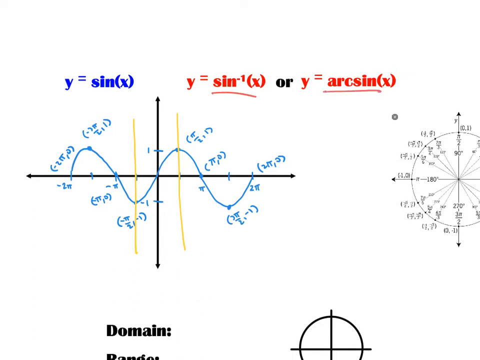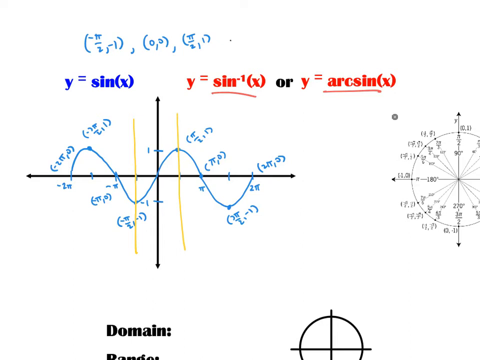So let's plot a few points that would match up based on the inverse function. What we know is that these 3 points, -pi over 2 comma -1, 0 comma 0, and pi over 2 comma 1, will all have their domain and range flipped.